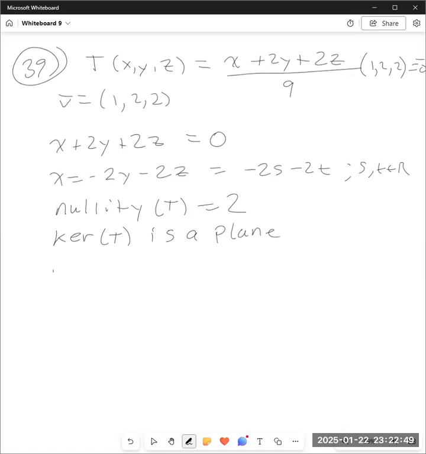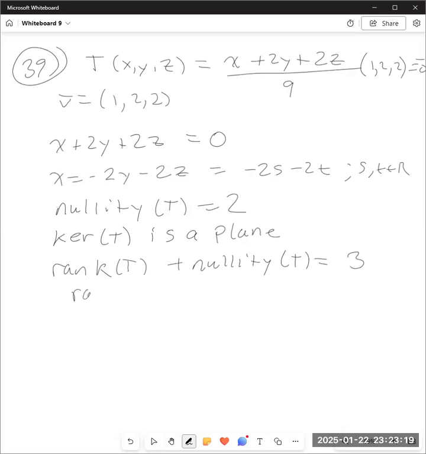And the rank of T is, so we have rank of T plus the nullity of T is equal to 3. I have 3 columns, a column for x, a column for y, and a column for z.